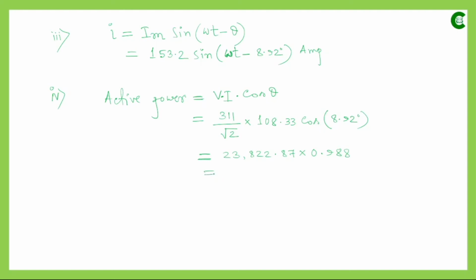When we multiply these two values, we will get 23,534.75 watt, or we can express it in kilowatt also. So it will be 23.5345 kilowatt. This is the power consumed by the whole RL circuit.